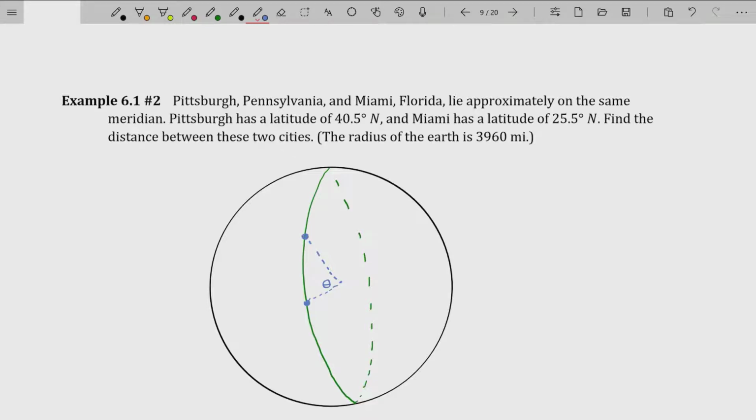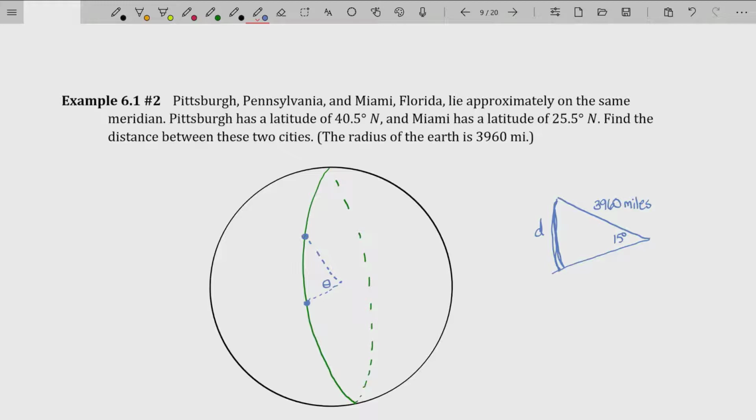So if I grab that blue ink and move it outside of that great circle, we have 15 degrees here, and we want to know what this distance is. By the way, the radius of the Earth is roughly 3,960 miles. So there we have an angle and a side, so we should be able to find that arc length D, which would give us the distance approximately between those two cities.